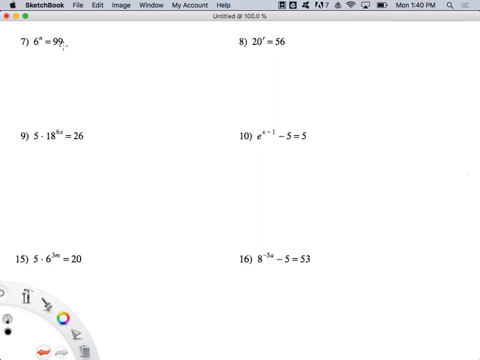We can't solve for it in this form. We have to rewrite it in what form? Log form. So it's log base 6 of 99 equals n. Therefore, n equals the log of 99 over the log of 6.